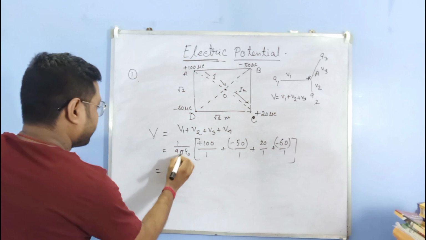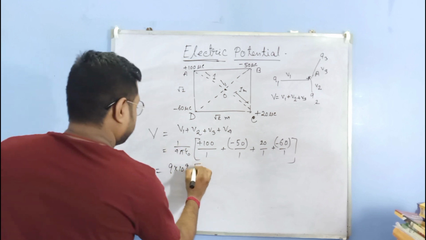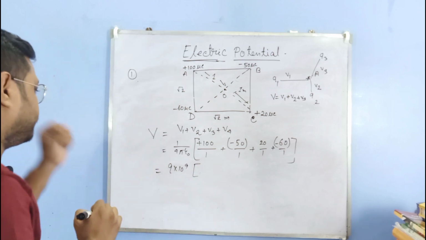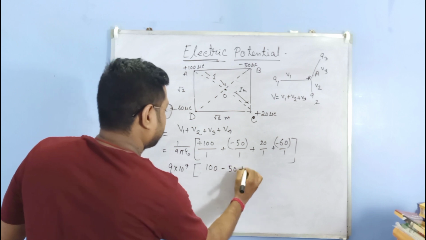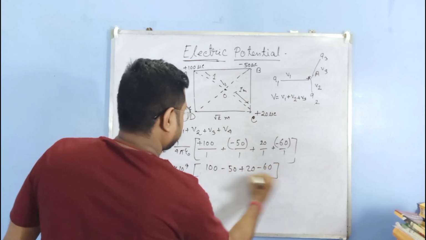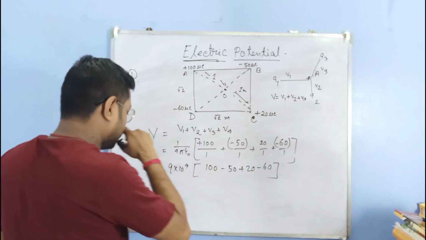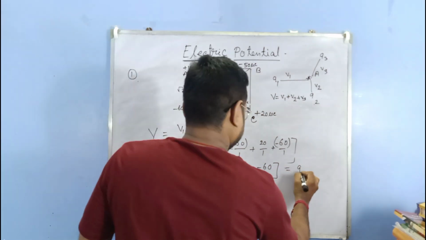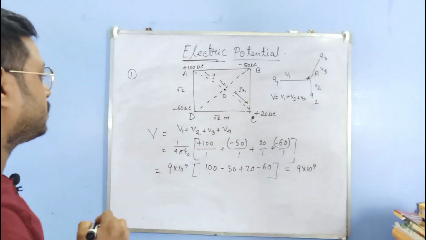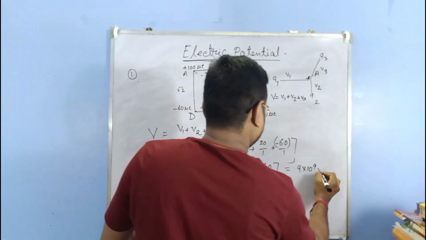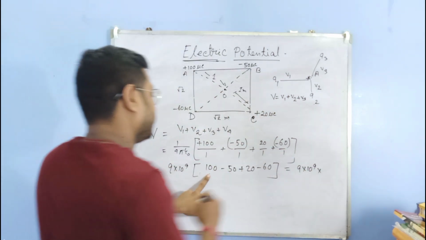So we put 1 by 4 pi epsilon naught as 9 into 10 to the power 9. Therefore 100 minus 50 plus 20 minus 60. So 100 plus 20 is 120, minus 60 is 60, so 10 into 100, that is 9 into 10 to the power 9 into 100 into 10.